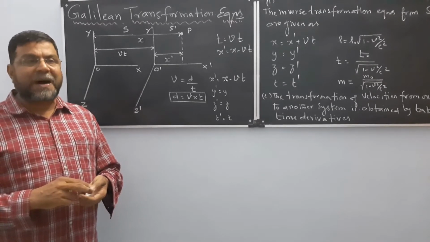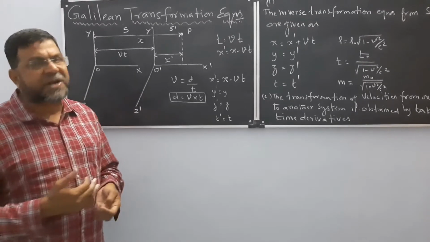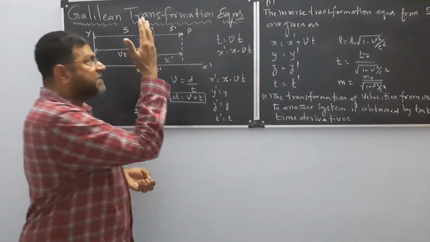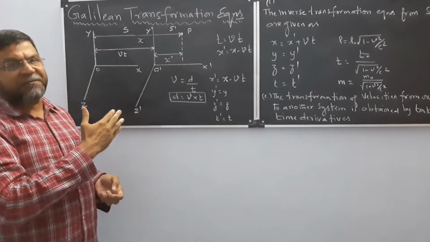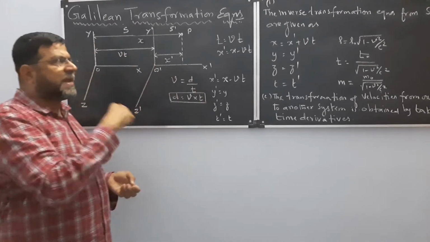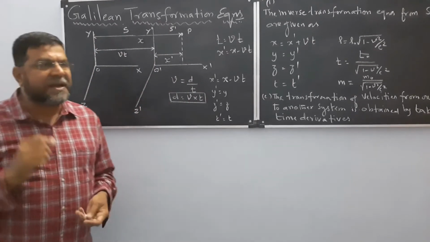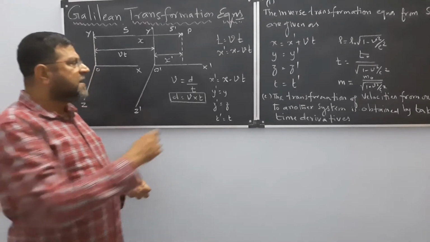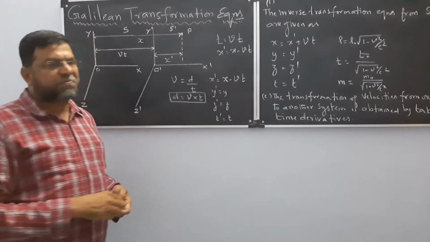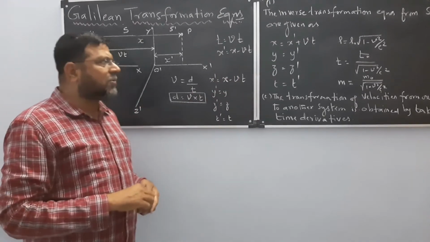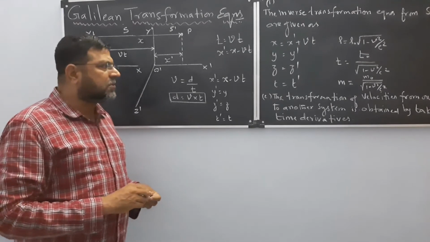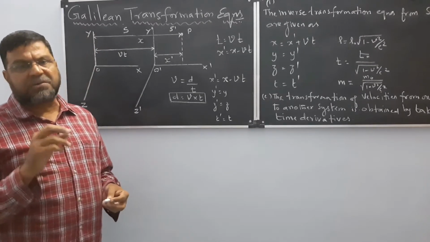If suppose the particle is moving in the reverse direction from the system S dash to S, then you can express the inverse Galilean transformation equations as x equal to x dash plus vt, y is equal to y dash, z is equal to z dash, t is equal to t dash.